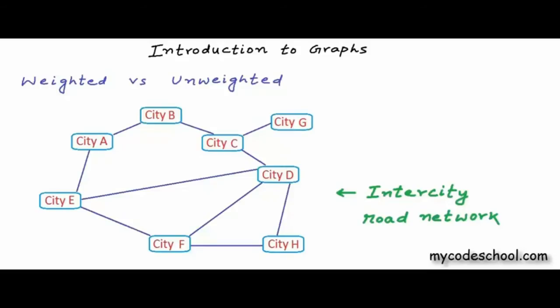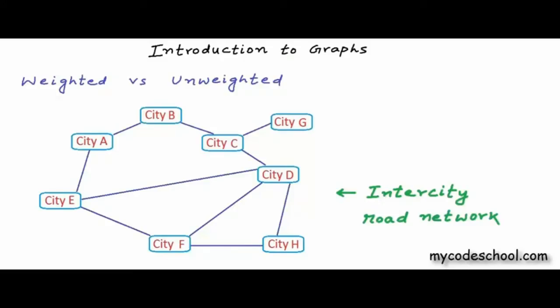I'm assuming that all highways would be bidirectional. Intracity road network, that is road network within a city, would definitely have one-way roads, and so it must be represented as a directed graph, but intercity road network in my opinion can be represented as an undirected graph.